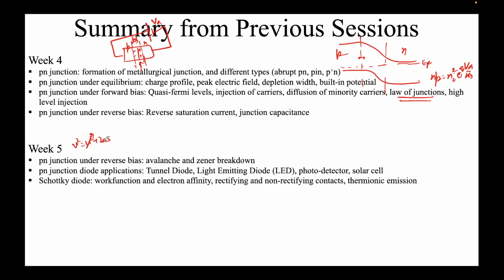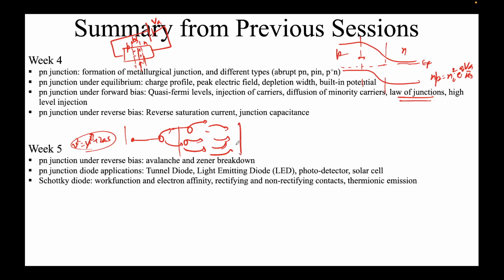Remember, the electric field is also significantly high. It can obtain sufficiently high energy that this electron, which is traveling in the depletion region, mind you, can now knock out an electron from this atom. This electron can knock out another electron from this atom, and you can just see that an avalanche, a huge number of electrons, will be released as you keep on progressing further and further, right? This is known as avalanche.